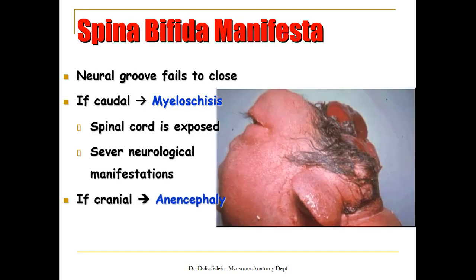And if it is cranial, we have anencephaly. The brain will not form, and also the skull cap overlying it will not form. So you can see this is the head of the baby, these are his eyes, the ears here, and over the eyebrows you cannot see any skull cap or the brain, only the brainstem appears.